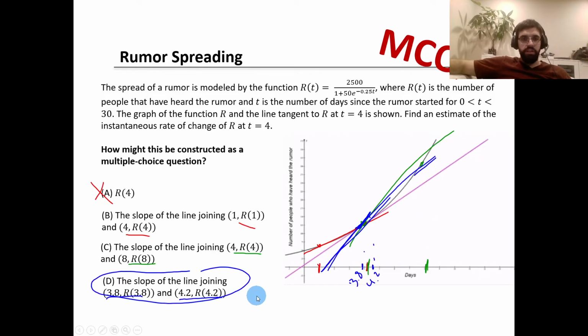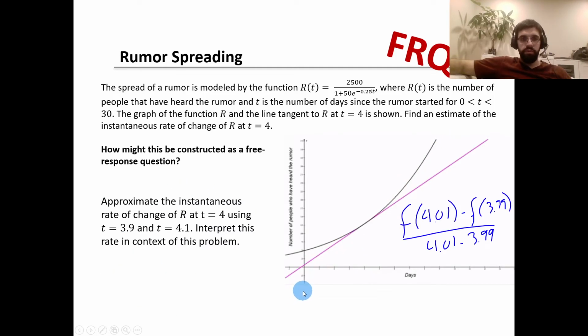So the same question, if it was a multiple choice question, would look something like this, and you want to find that closest interval. If it was a free response question, it would define for you how they want you to write it. So: approximate the instantaneous rate of change of r at t equals 4 using t equals 3.9 and t equals 4.1. Interpret this rate in the context of this problem.